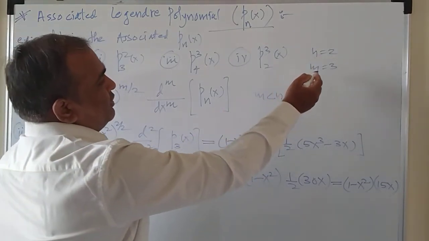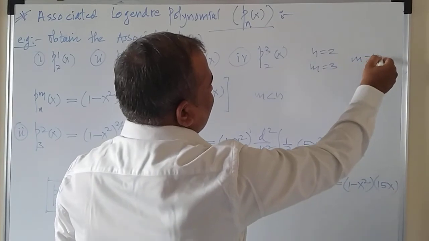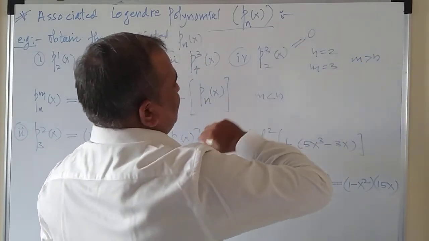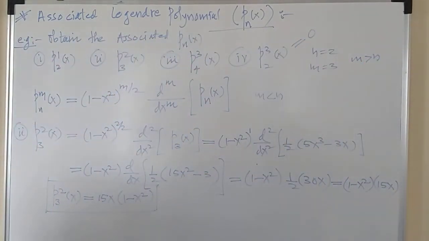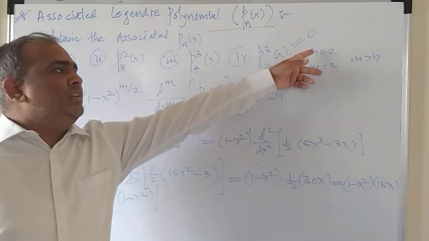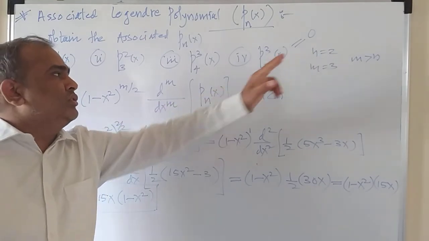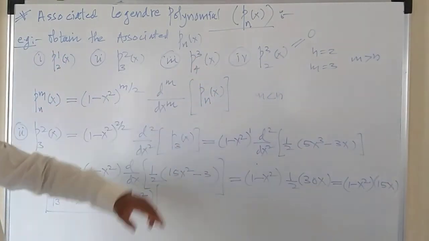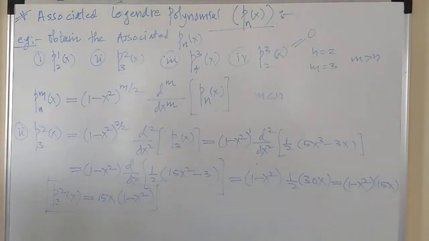Now in this case the value of m is greater than n, and therefore this goes to 0. You need not do the calculations and work it all out. You can just give this reason, and because of this, this is equal to 0. Now obtain the value of this. This is homework for you.